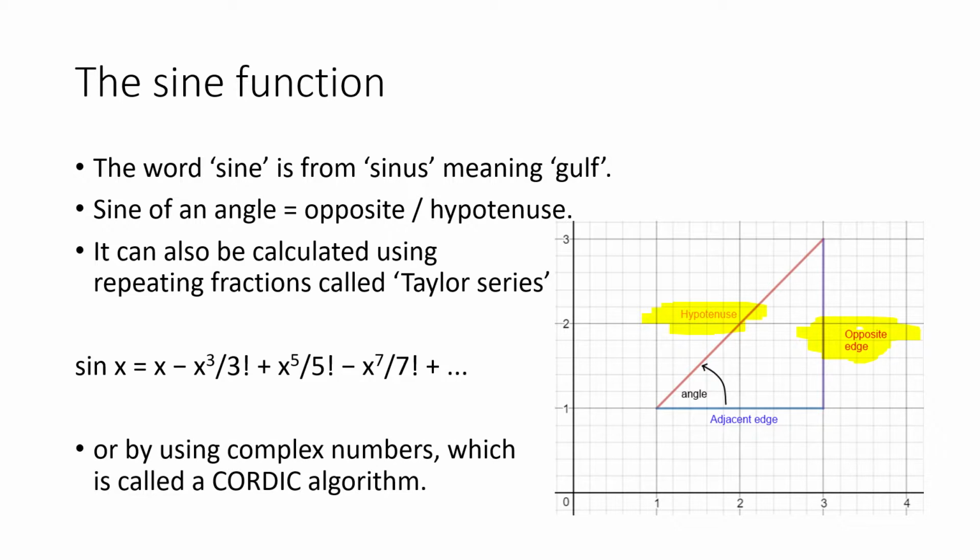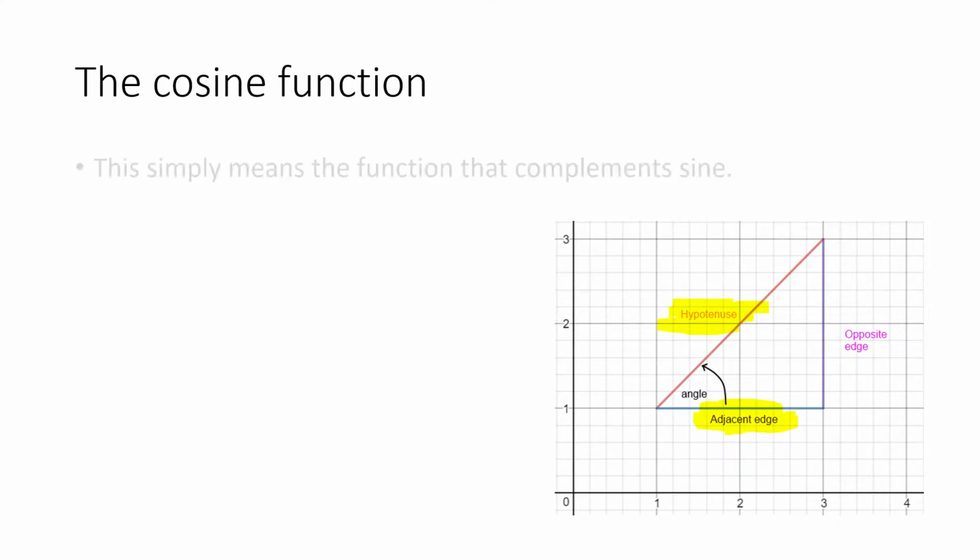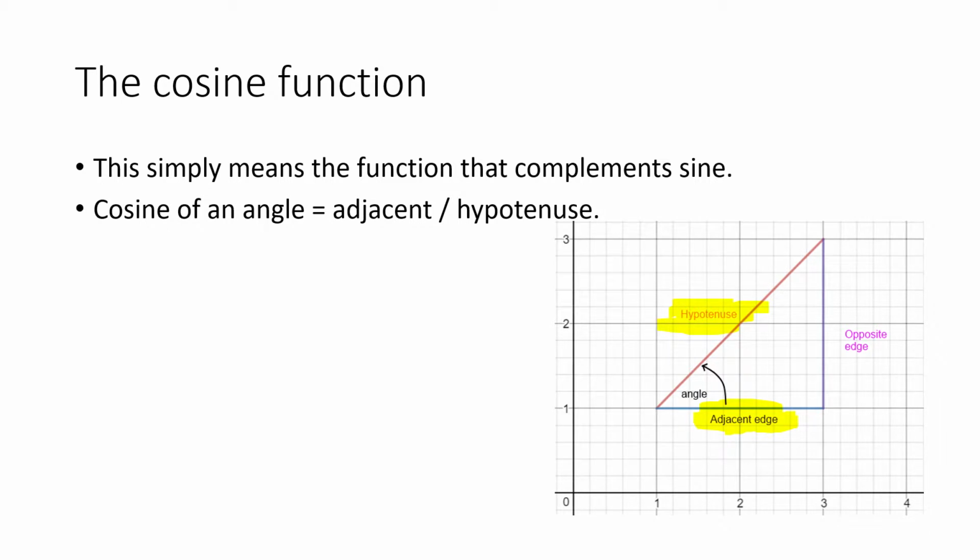Okay, so it can also be done using something called a CORDIC algorithm, which is fairly complex, but uses a complex number system as well. I'll leave that for now. The cosine function, by a similar idea, cosine, by the way, just means it complements sine, and the cosine of that angle there is adjacent over hypotenuse.